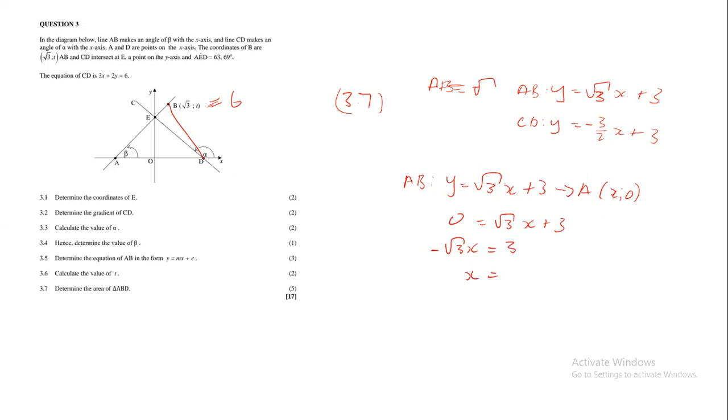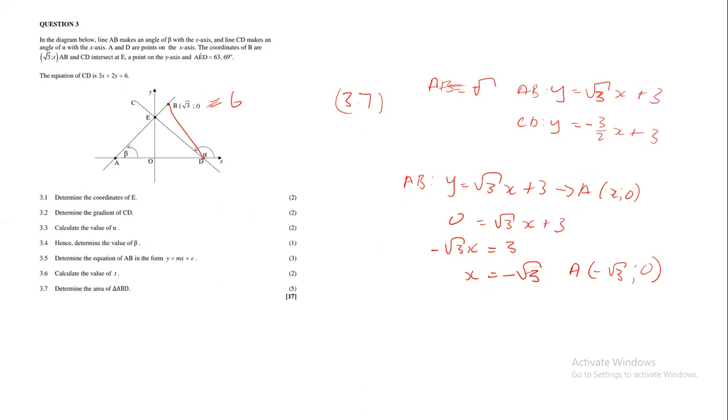We say 3 divided by negative root 3, and we get that our answer is negative root 3. So the value of x here is negative root 3. Now, the coordinates of A in this case are negative root 3, 0.